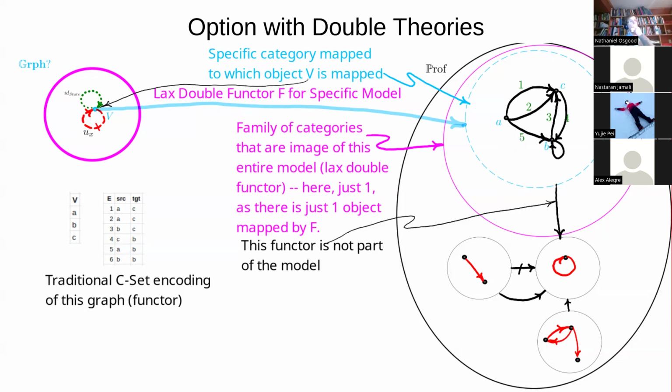And just like a given functor from a schema category C to Set specifies the particular set to which each object is mapped, and the particular function to which a morphism is mapped in C-sets, our lax double functor specifies the category to which a given object is mapped.